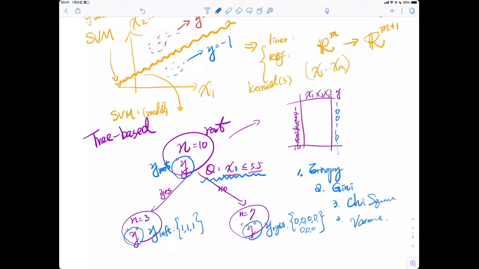So you can ask the second question, the third, the fourth, the fifth, until all the y in each node will only contain 1 or only contain 0. So you can do a very nice tree-based algorithm to partition the entire data.